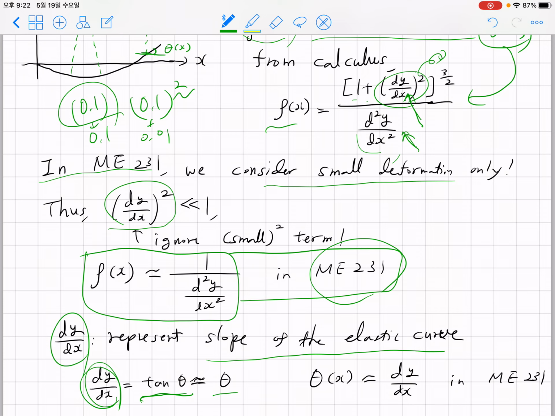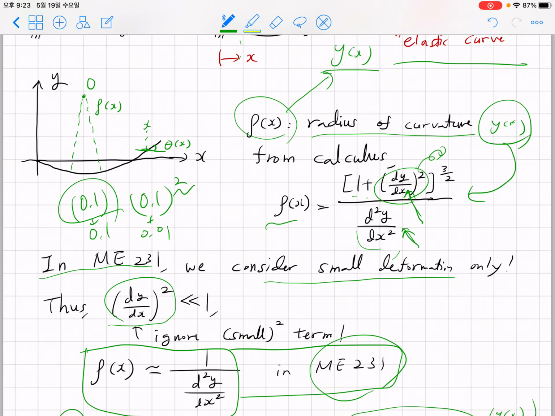So in ME231, where we consider very small deflection, theta(x) will be regarded as approximately dy/dx, and it represents the slope of the elastic curve. The elastic curve indicates y(x).